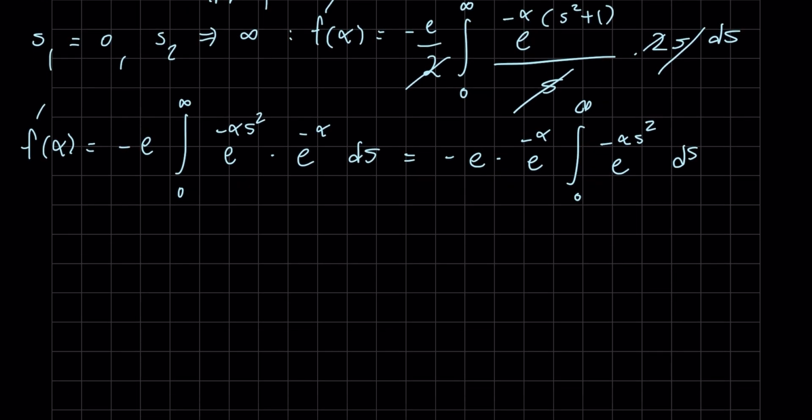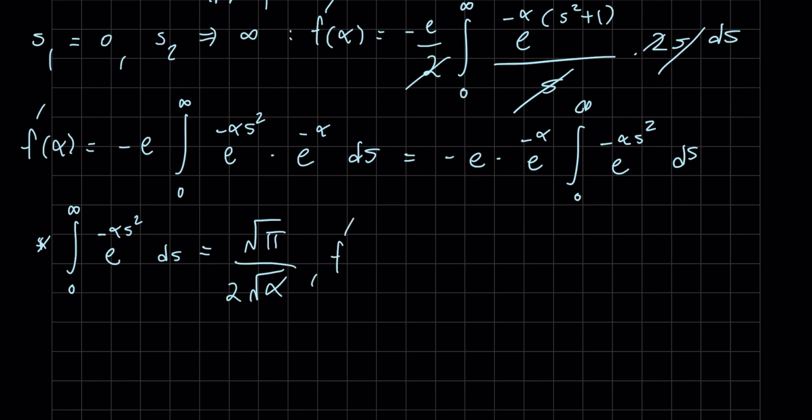And this integral is just the Gaussian integral, and we will recall that the integral from 0 to infinity e to the negative alpha s squared ds just evaluates to the square root of pi over 2 times the square root of alpha.